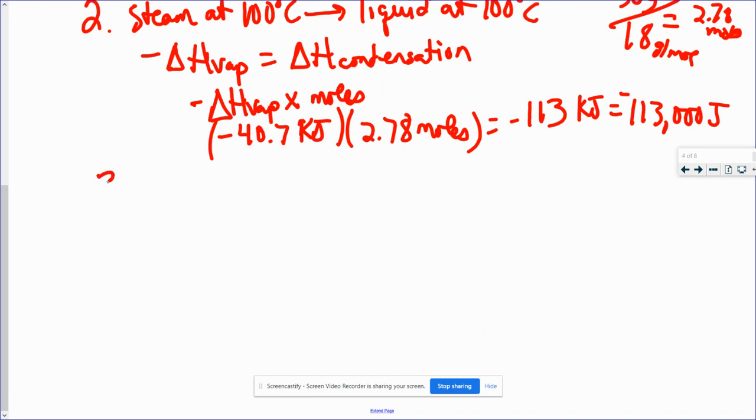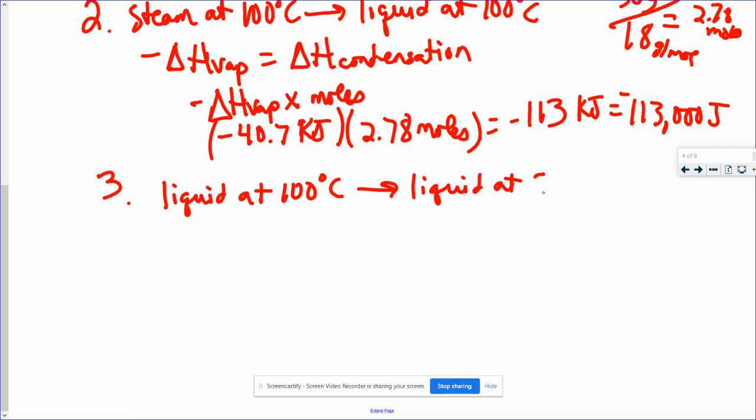And now my third step is I'm going to take that liquid at 100 degrees and cool it down to liquid at 85 degrees. Okay, so now that's another Q equals mass times specific heat times change in temperature. So I still have 50 grams.